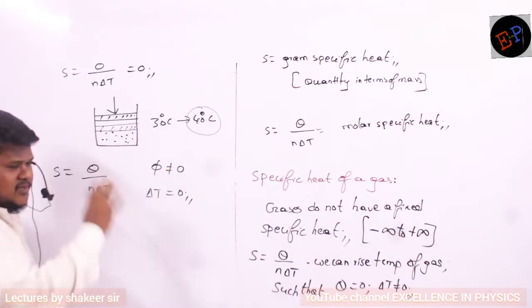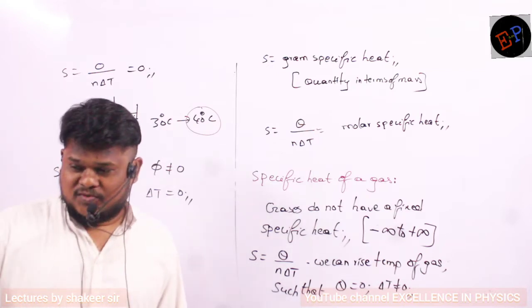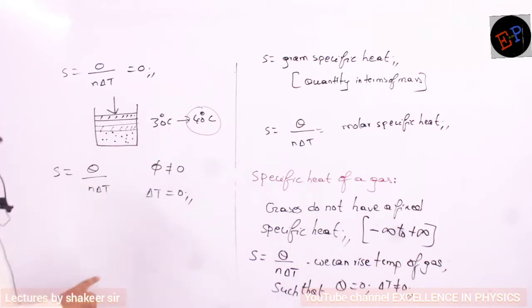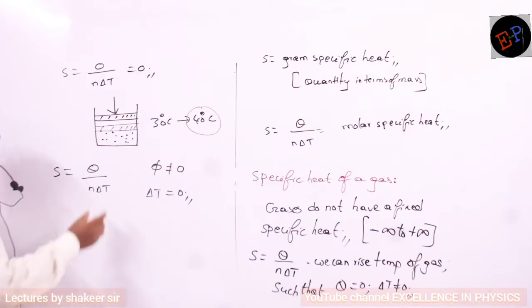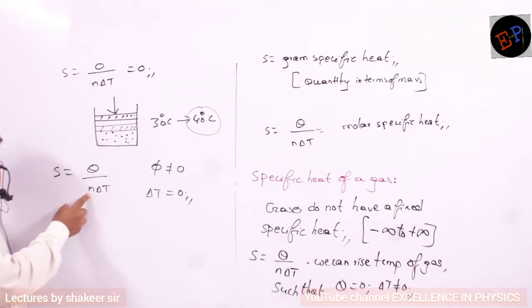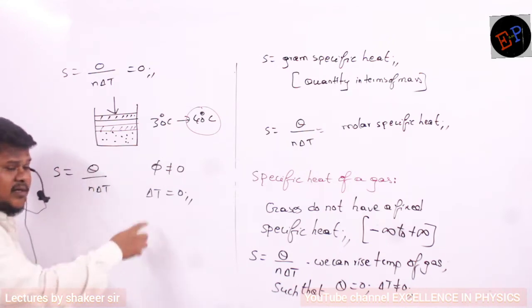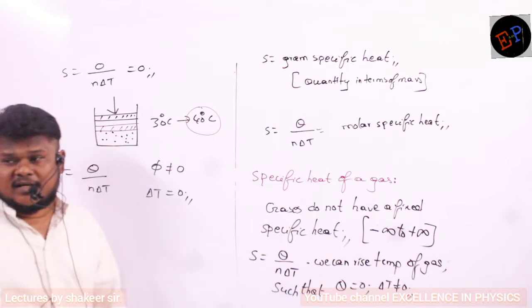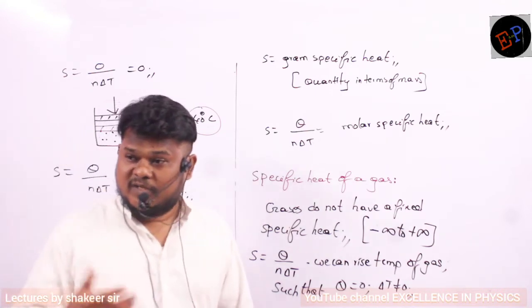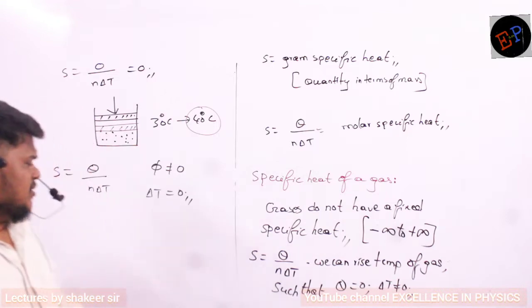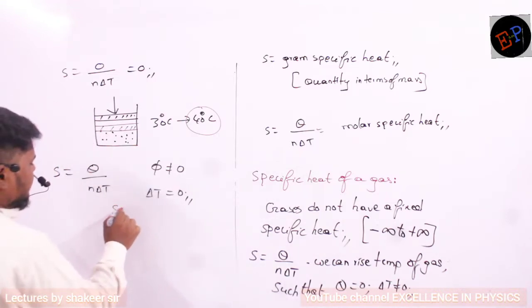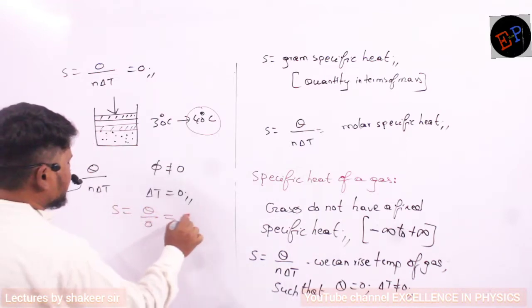What is the specific heat? Infinity is the specific heat. Why has it become infinity? Because delta T is 0. 0 multiplied by n is 0, and anything divided by 0 is infinity. So we can heat a gas like that also.